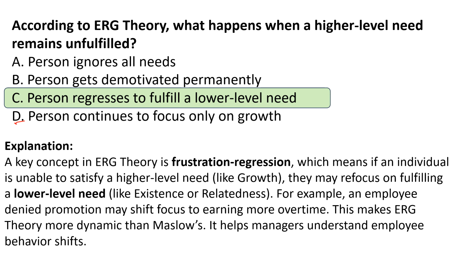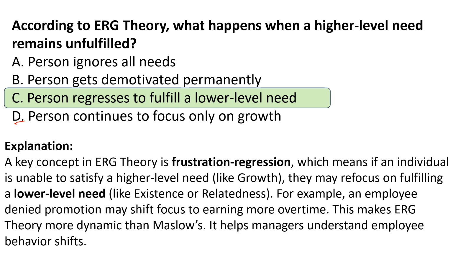A key concept in ERG theory, first you need to understand, is frustration regression, which means if an individual is unable to satisfy a higher level need, and that higher level need is growth, they may refocus on fulfilling lower level needs. The best example I can tell you: if you cannot do a proper work, if you are not understanding how to complete this task, go to the basics again, learn the basic things again, and then move to the advanced one.